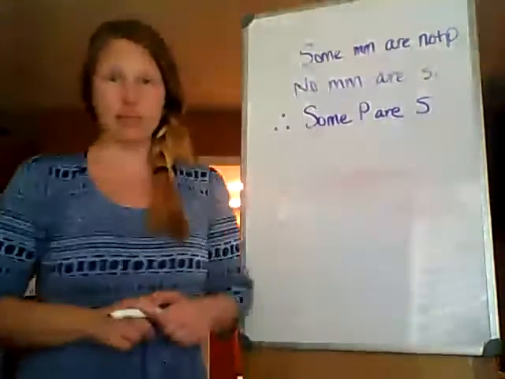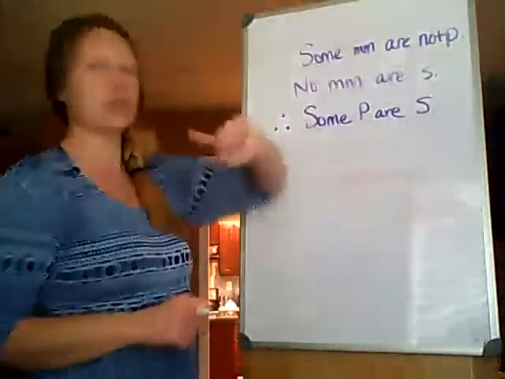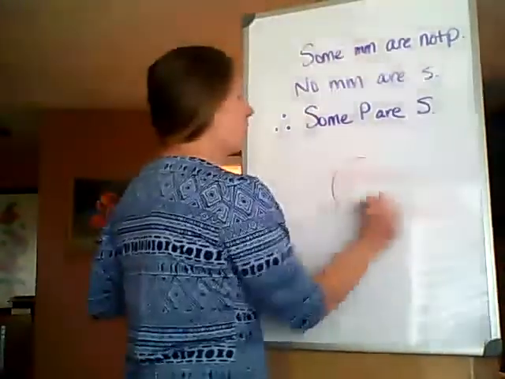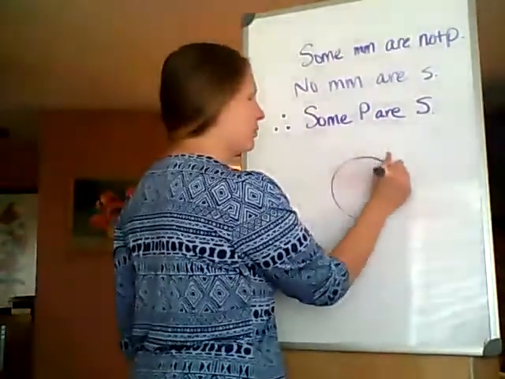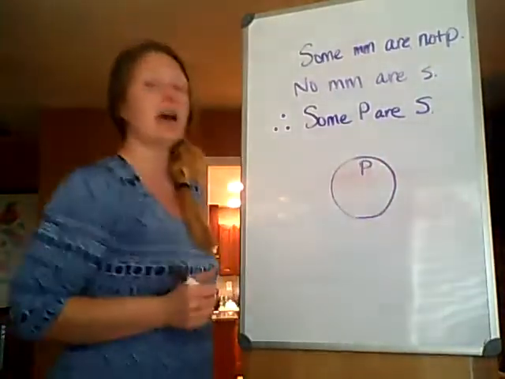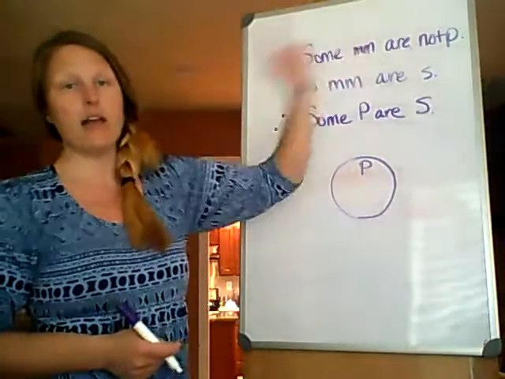I'm going to draw a diagram. So first thing, some modern maps are not parchments. So I'm going to draw my parchment category. I always start with the thing that's the predicate of my first premise. That's the parchment category. And what I know is that there are some modern maps that are not in that category.